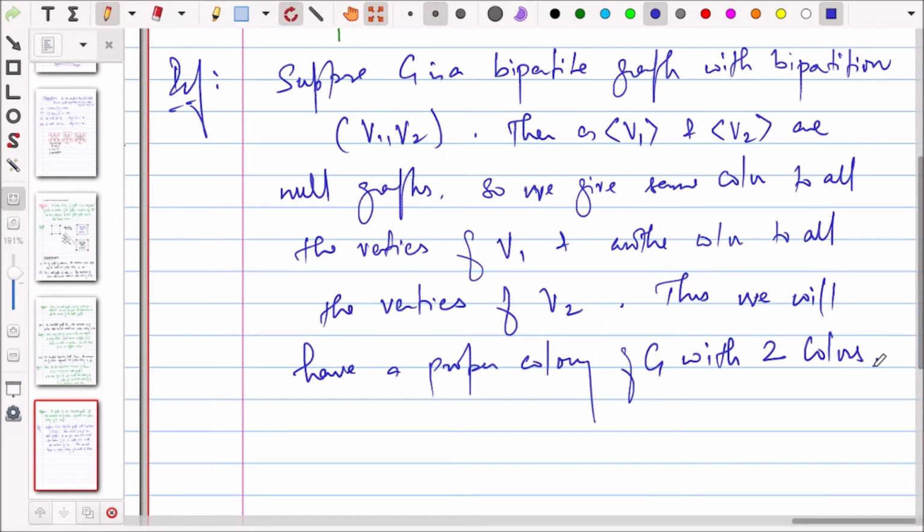और वन कलर क्यों नहीं यूज कर सकते? हमें क्योंकि मिनिमम बताना है, तो वन क्यों नहीं यूज कर सकते बताओ? क्योंकि G is not a null graph.